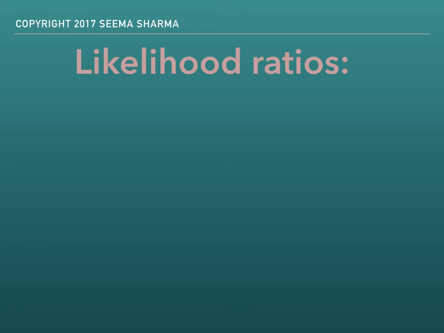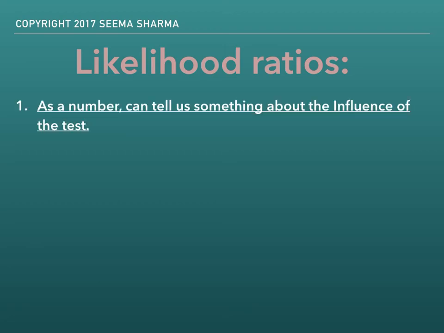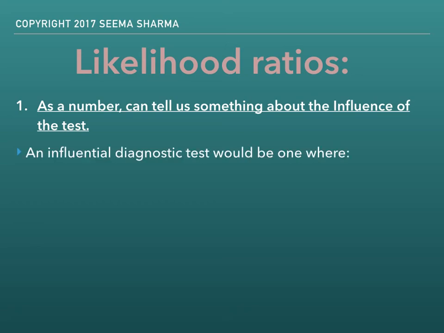In a nutshell, likelihood ratios as a number tell us something about the influence of the test. An influential diagnostic test would be one with a prominent positive likelihood ratio, and I'm talking over 10. That means if someone has a positive test result, they're more than 10 times as likely to have the disease than not have the disease.